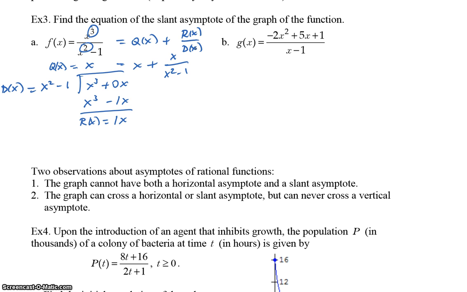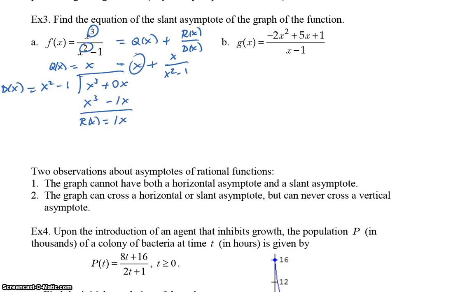It is the quotient that we paid attention to here in terms of the equation of the slant asymptote. The quotient will determine the equation of the slant asymptote. The remainder over divisor part, as x gets large, either approaching large positive values or large negative values, will shrink down to 0. So the graph will look more and more like the quotient q of x.